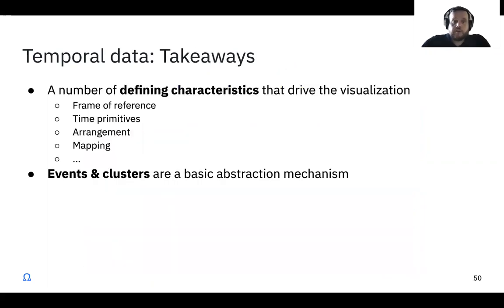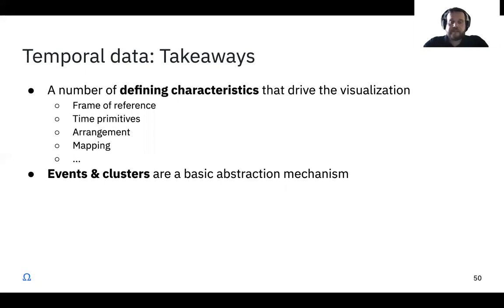The takeaways. We have seen that temporal data is generally quite prone to clutter, right? Because each of the data instances is a single individual time series, which is a curve, not a point, like in the case of normal data. That will require more space on the screen, and you need to take into consideration a number of defining characteristics that will drive your visualization, such as frame of reference, time primitives, arrangement, mapping, and others, which we have decomposed in the previous part of the lecture.